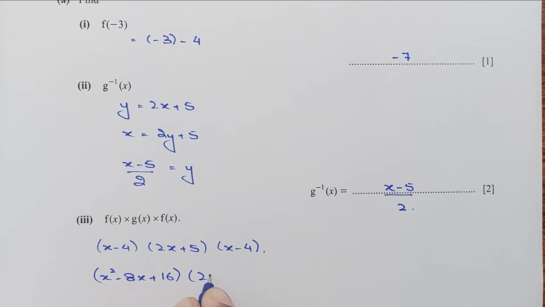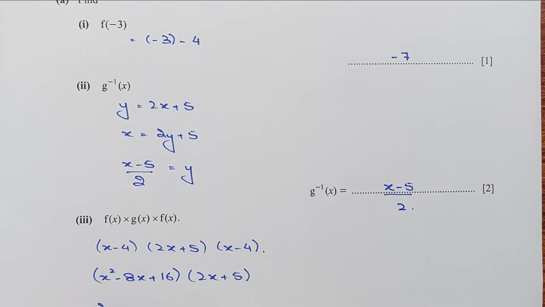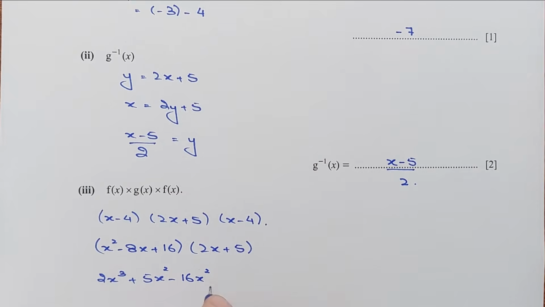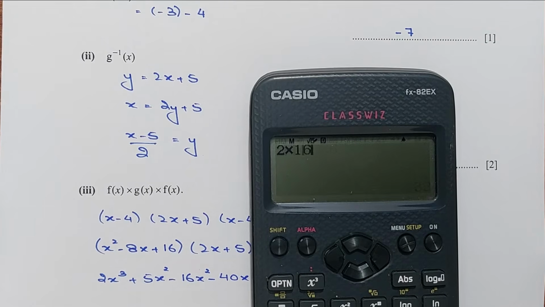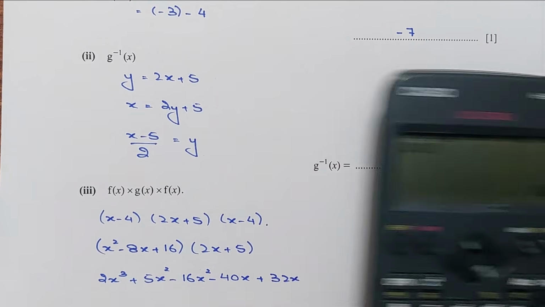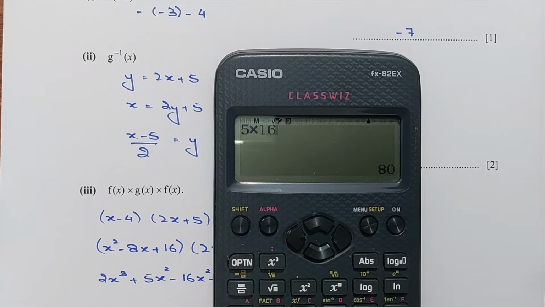And its product with 2x plus 5, right? So x square with 2x cube plus 5x square minus 2 times 8 is 16x square, and 5 times 8 is 40, minus 40x plus 2 times 16 is 32x, and 5 times 16 is 80.